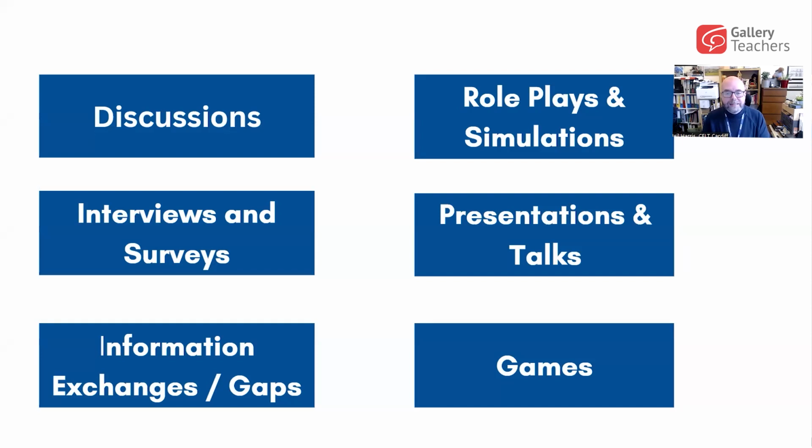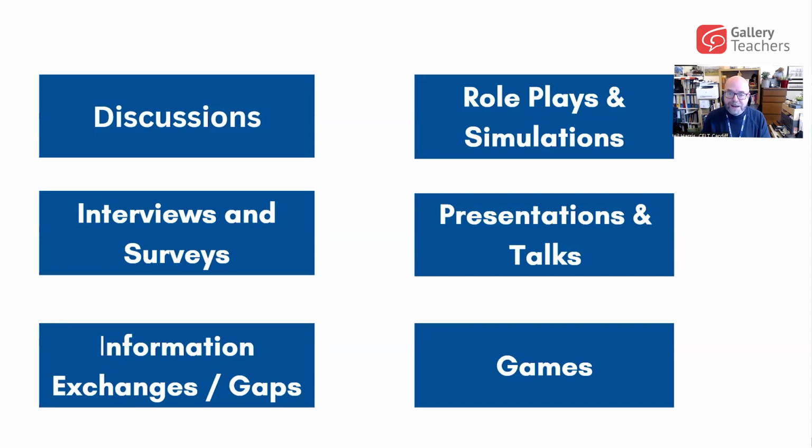Now, some people might say, well, which of these are appropriate for which levels? An information gap is actually at the heart of most of the speaking teaching that I do right now, where the level of my students needs to be C1, lower advanced or higher.